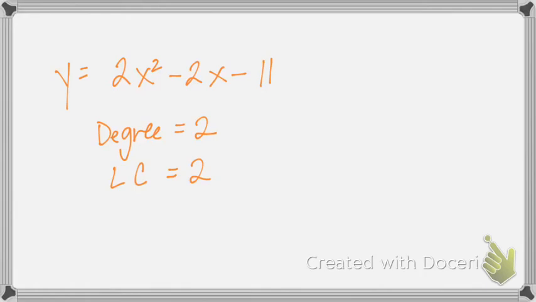I want you to go ahead and graph it. And it says use the following windows. So the x is from -5 to 5. The y is from -20 to 20. Okay, so if I were to graph it, what does it look like?